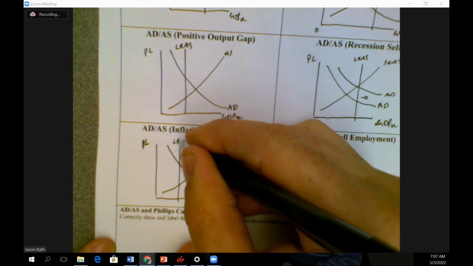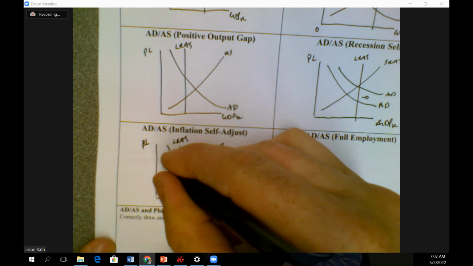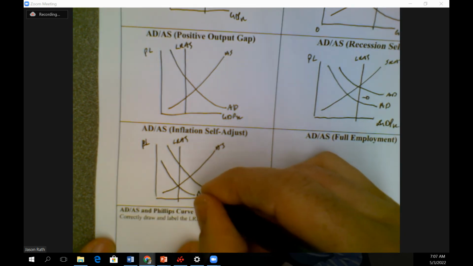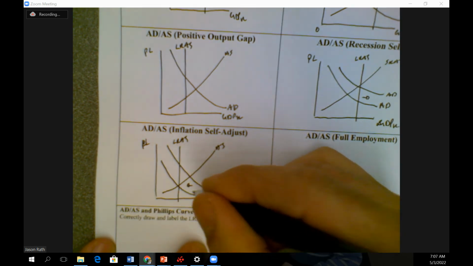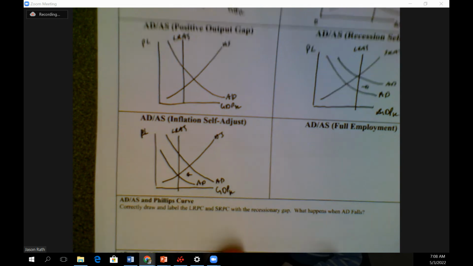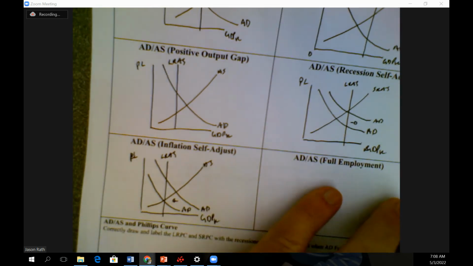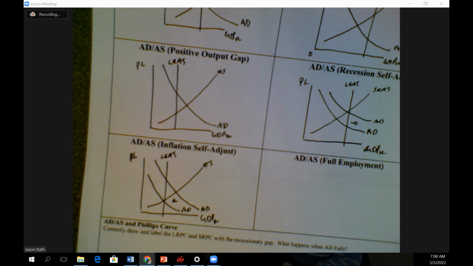So if you go here, and then self-adjusting would be, you could do either one, but that's what that would look like. And apparently I put those on there twice, but that's what that is.